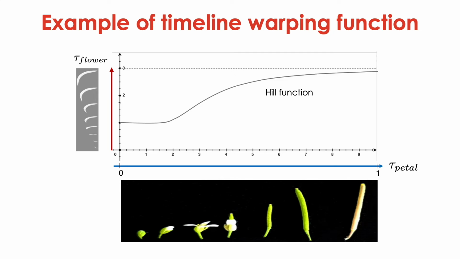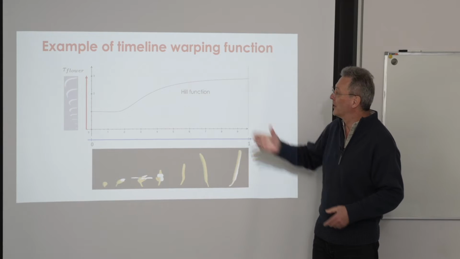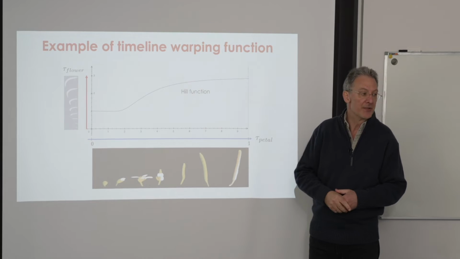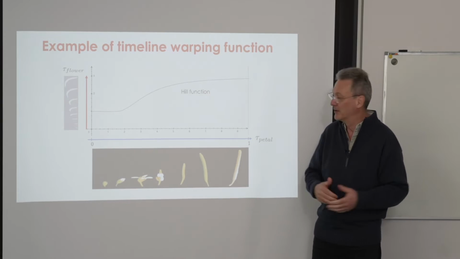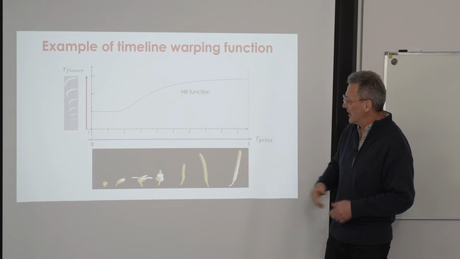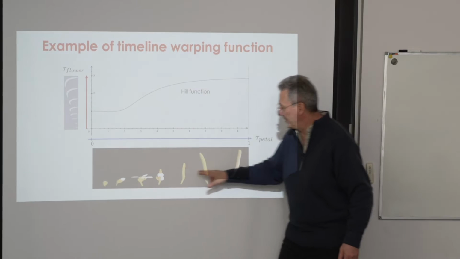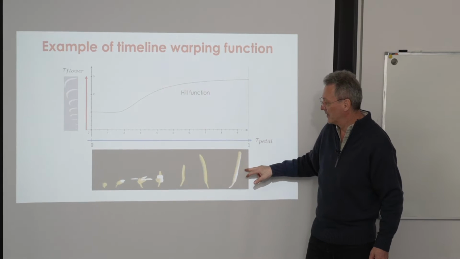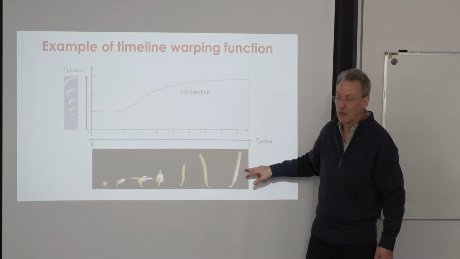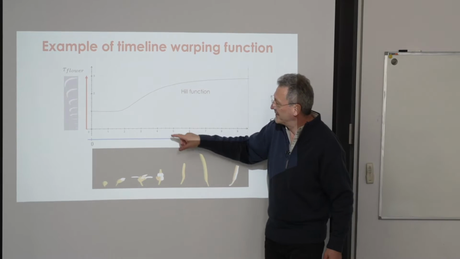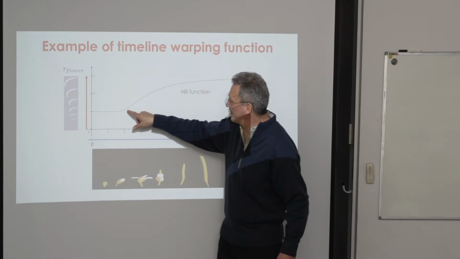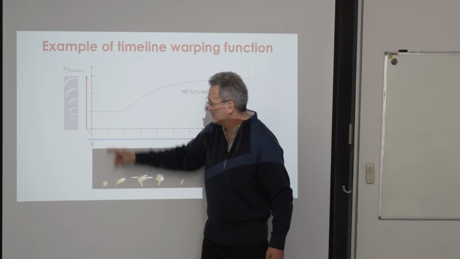To represent this stretching, you need ways. Usually we use functions, and one of the very common functions that can be used is the heel function. I reused it from yesterday because we have seen this. If I put in abscissa the developmental time of the flower, the petal will develop according to this function.